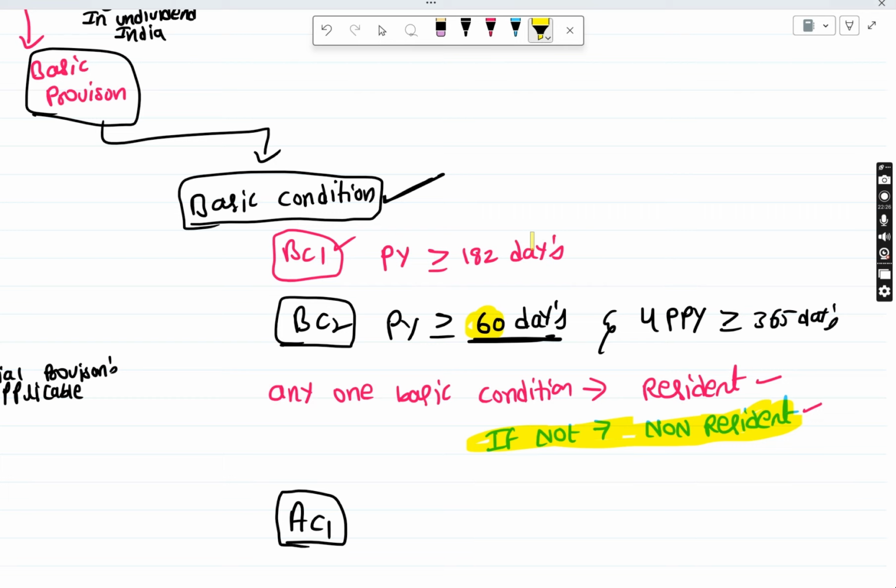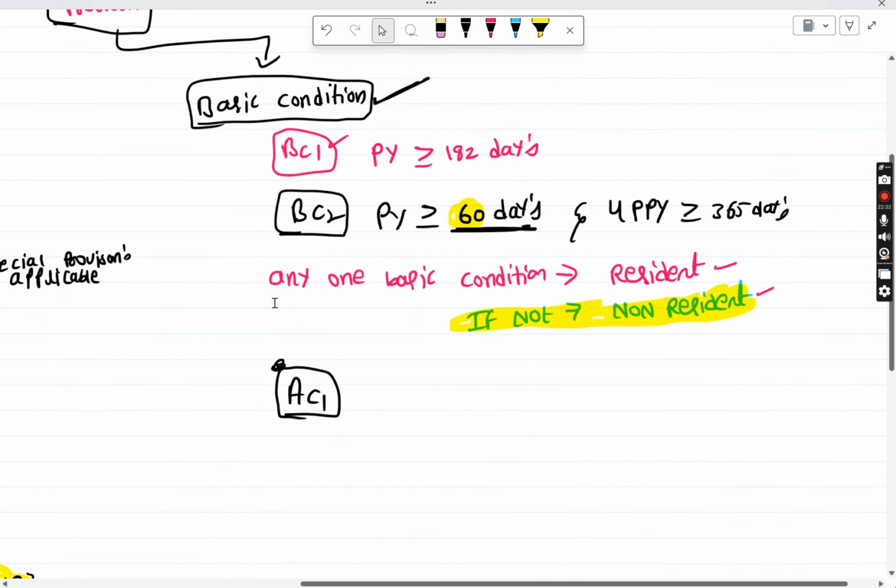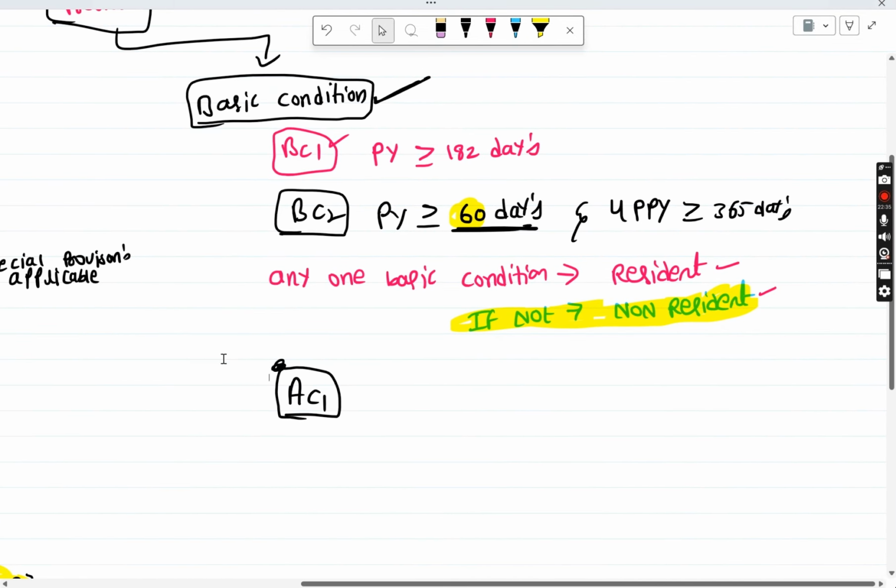Then do we need to check additional conditions? Yes or no? Yes, sir.